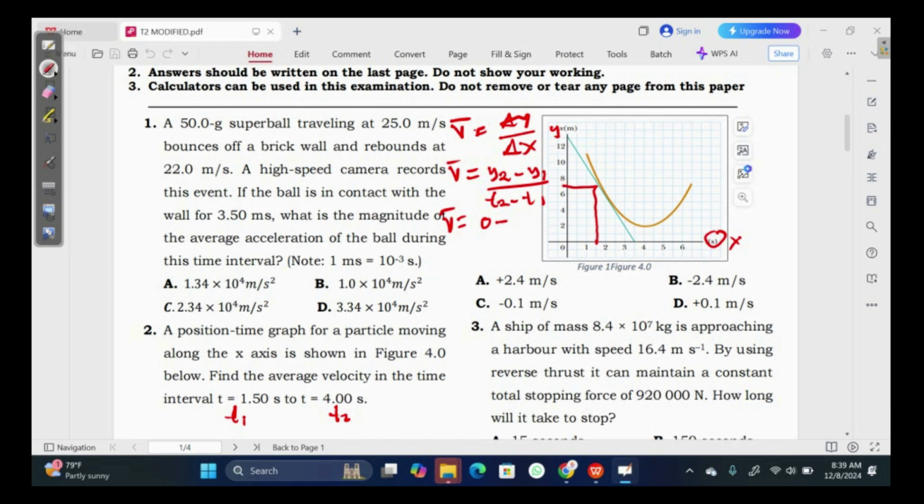What do you think this point is? 7. So I'll put 7. I know t2 already is 4. I know t1 already is 1.5. So you do this. So it will be negative 7. It will be negative 7. I divide it by 4 minus that one.